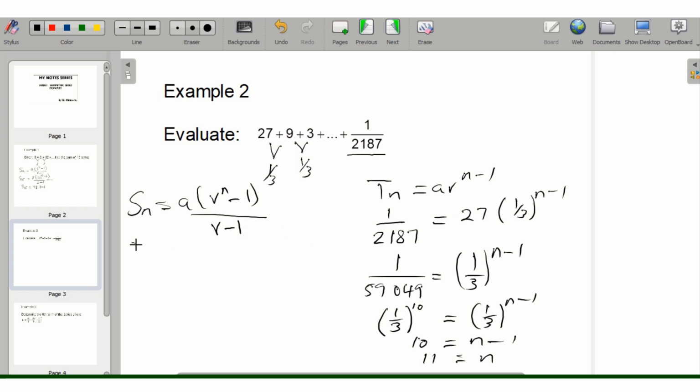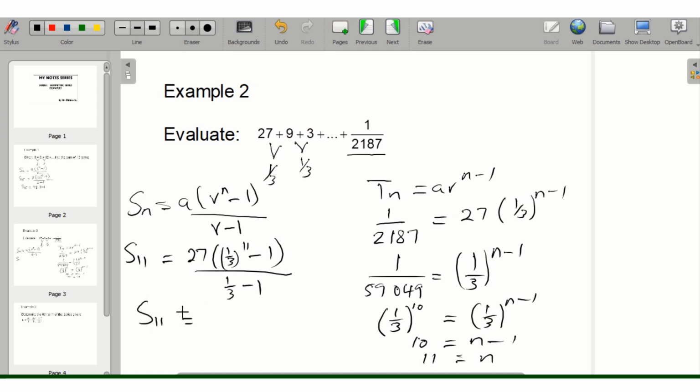So we come back here and say the sum of 11 is equal to 27. This is our first term. This is a third raised to power 11 minus 1, all over a third minus 1, sum of 11.